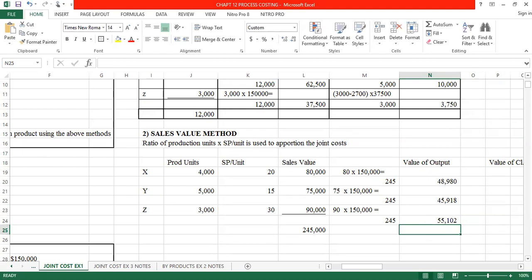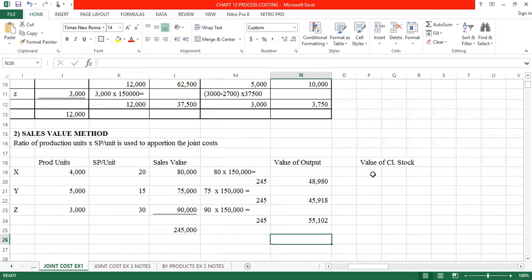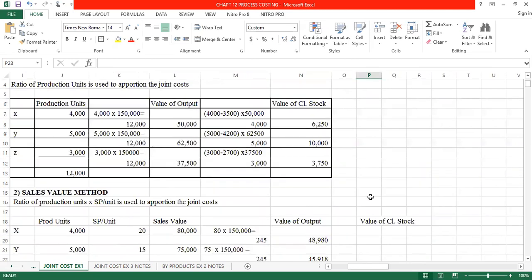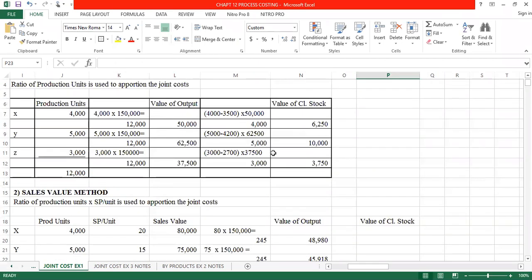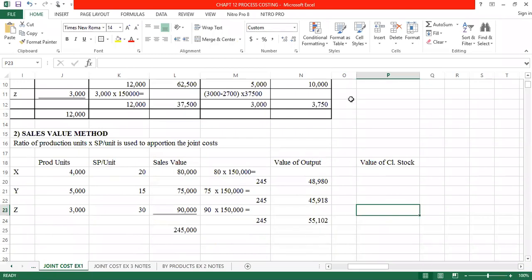So what do we get? We get that value. So the total closing stock is as usual. Don't forget about closing stock. So value of closing stock, the way we did that, just the same way we did it.